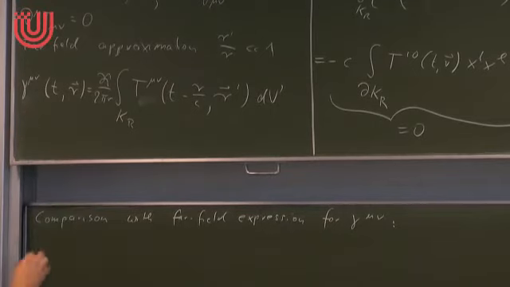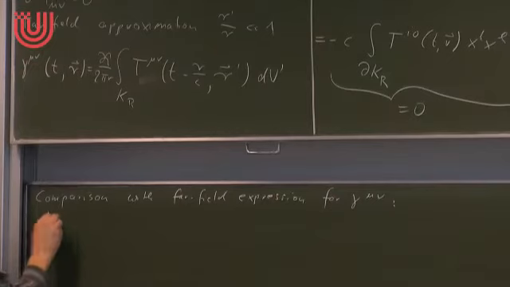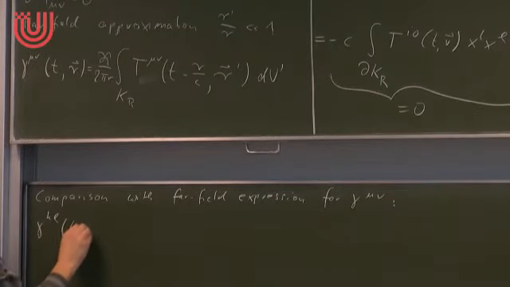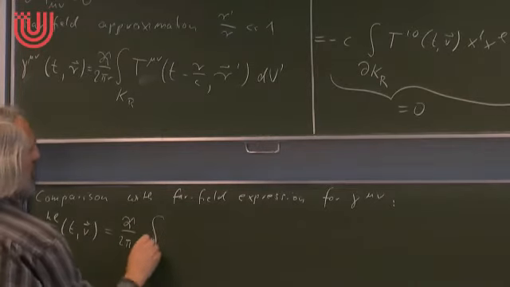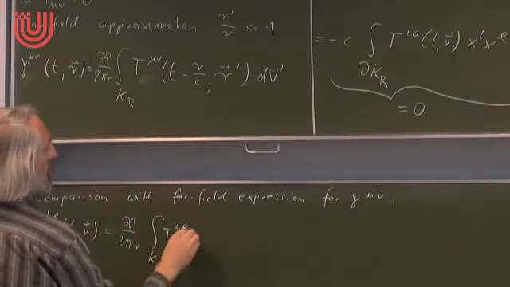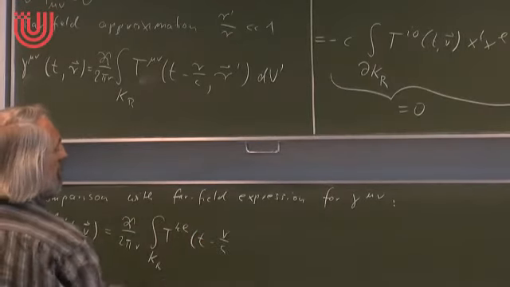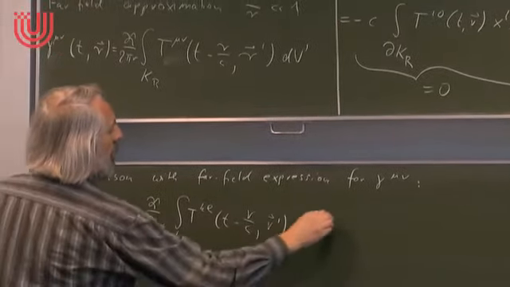So if I write this expression here for the spatial indices, so for mu and nu I choose spatial indices k and l, then this was kappa over 2 pi r integral k r t_kl at the retarded time, t minus r over c, r prime, dV prime.